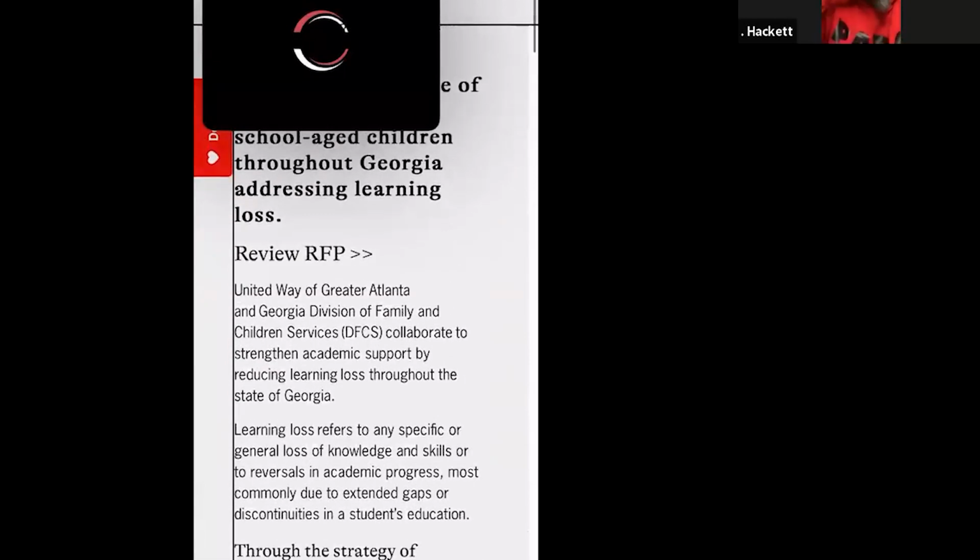Now, I've shared this website. Hopefully, you'll be able to get back here. United Way of Greater Atlanta grants. Okay. So let's take a look at the RFP. All right. RFP stands for Request for Proposals.